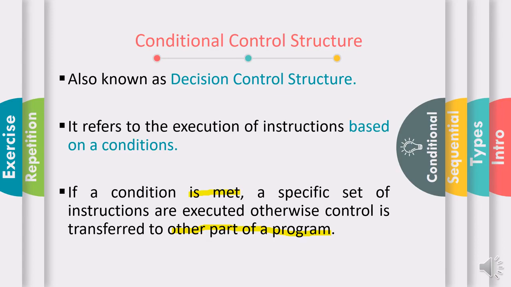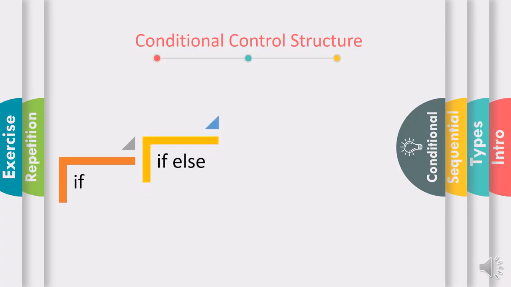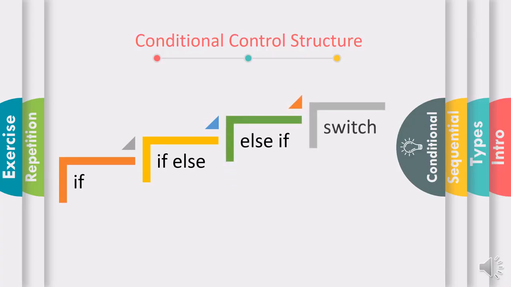That's why they are known as conditional control structures. We implement conditional control structures with the help of the if statement, if else statement, else if statement, and switch statement.